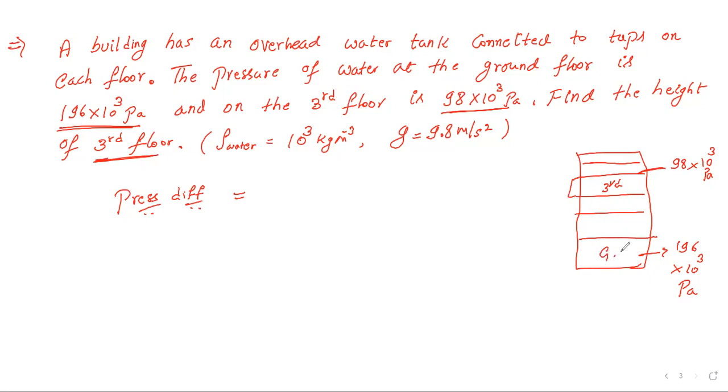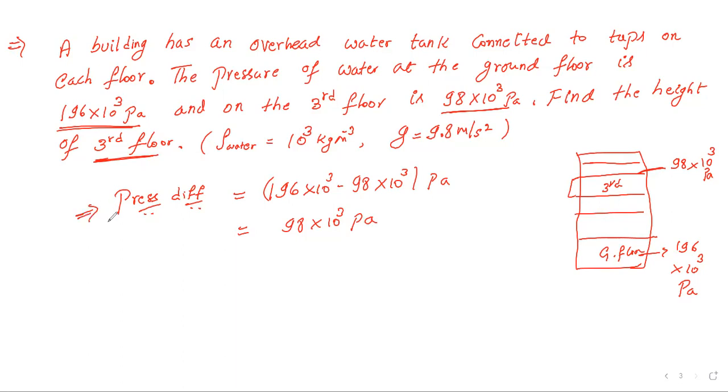So the pressure difference is 196 into 10 power 3 minus 98 into 10 power 3 Pascal. If you subtract it, you will get 98 into 10 power 3 Pascal only. This is the pressure difference.